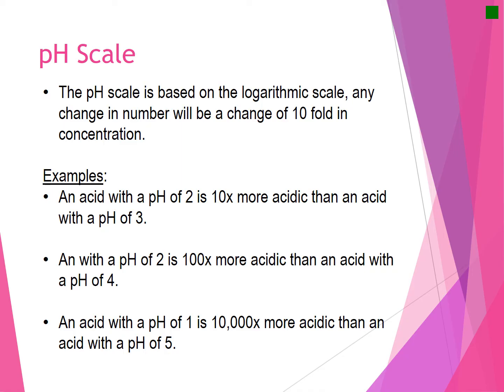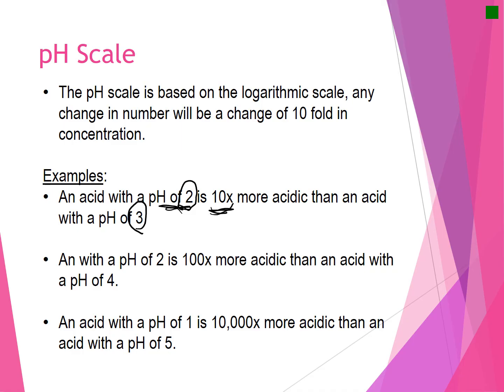What I do want you to understand is that a change of 1 in pH, so if I go from a pH of 2 to a pH of 3, I am actually changing it 10 times more or less in concentration. So a pH of 2, which is more acidic, the lower the number, the more acidic, the higher the number, the more basic.